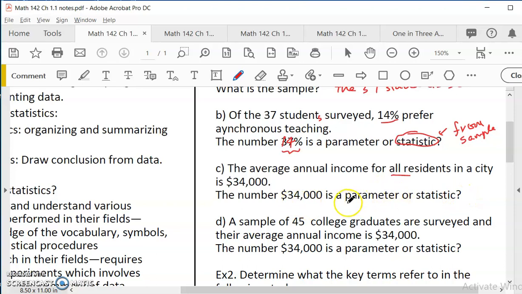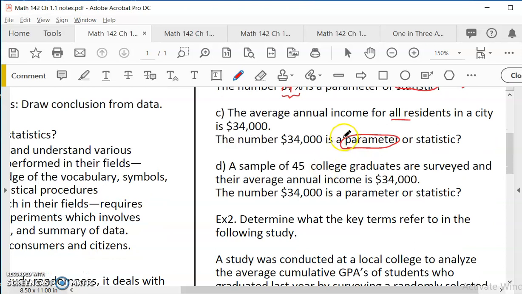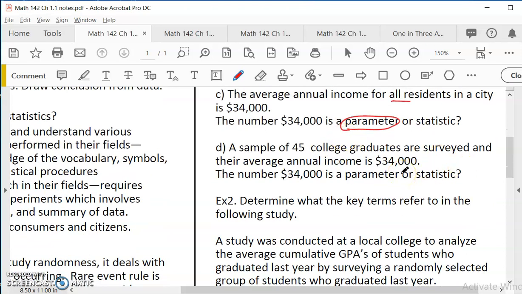I would say it is a parameter because when they are saying all residents in a city, it seems like they did not interview just some of the residents. They actually interviewed everyone. There is reason to believe that all residents is the population. So this number is calculated from the population. So this is a parameter. And this particular study will not be a statistical study. It's just a data collection kind of exercise.